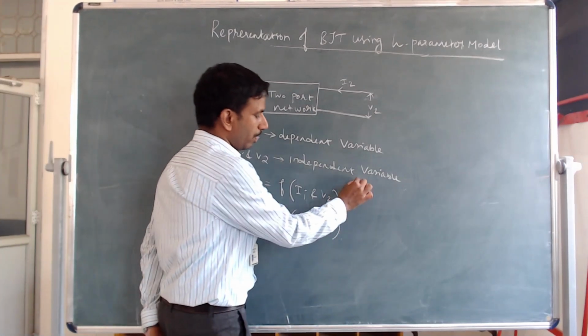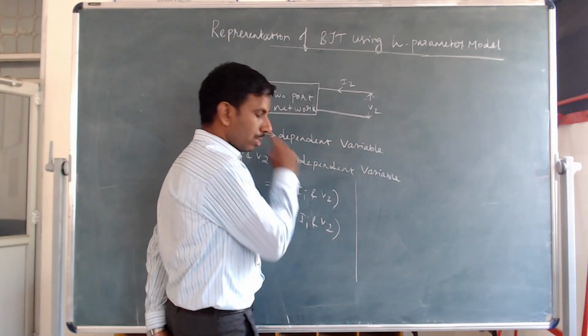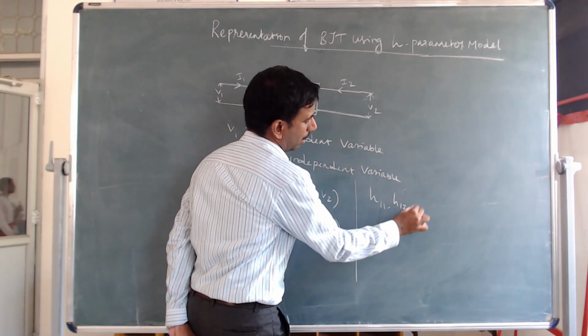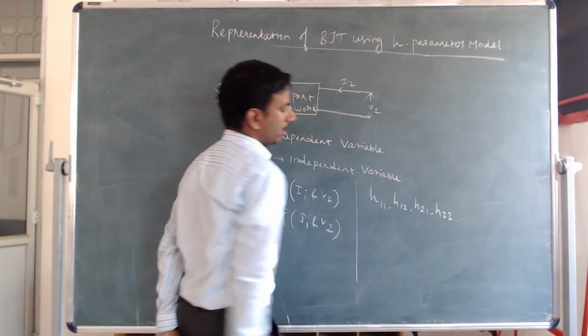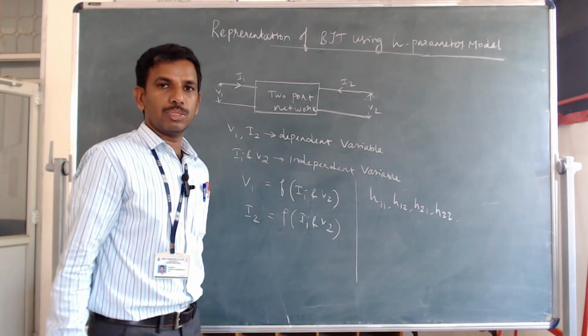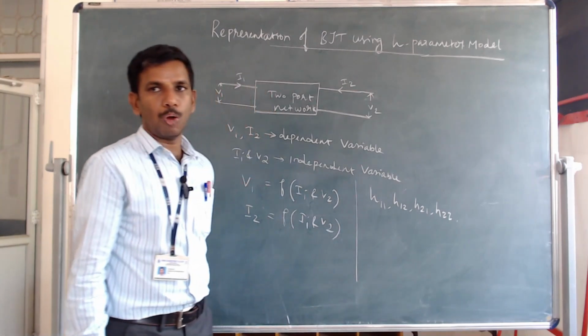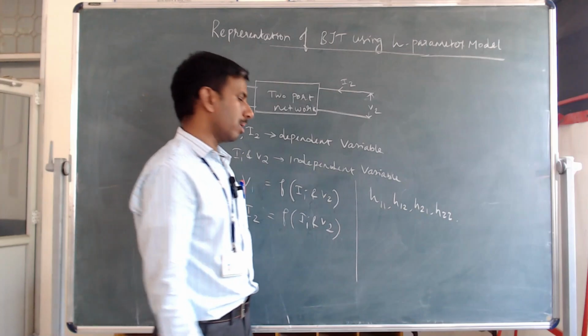If we consider the H parameter model, we will have four specific values: H11, H12, H21 and H22. These are used to represent the input impedance, output admittance, voltage gain and current gain.